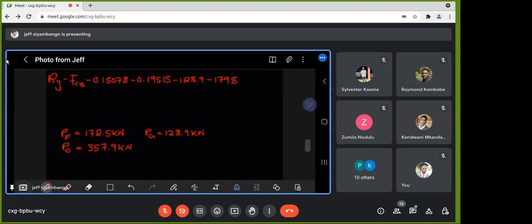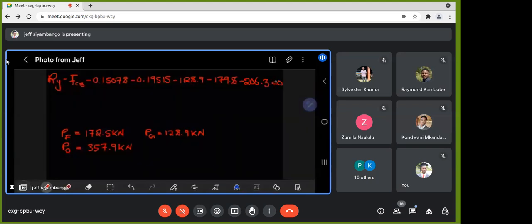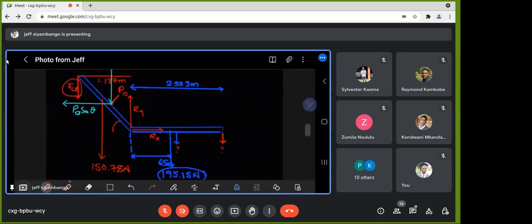So this is minus 206.3. I think this was the last one. Let's see. 1, 2, 3, 4, 5, 6, 7. Yes, we have accounted for all the forces there.